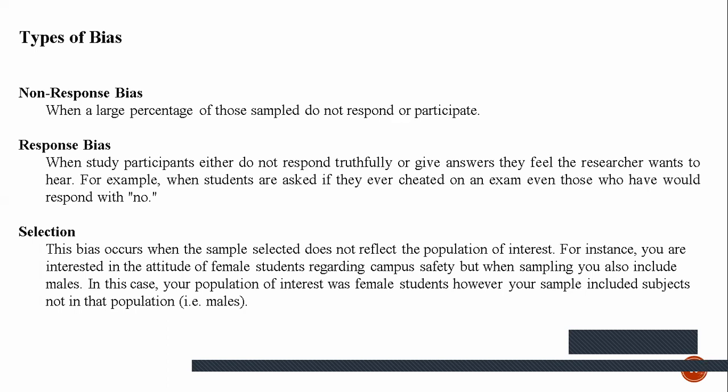And the selection bias would be the last type of bias. This bias occurs when the sample selected does not reflect the population of interest. That is related to the previous 70% example. In the population, we have the female percentage as 70 and the male percentage as 30.